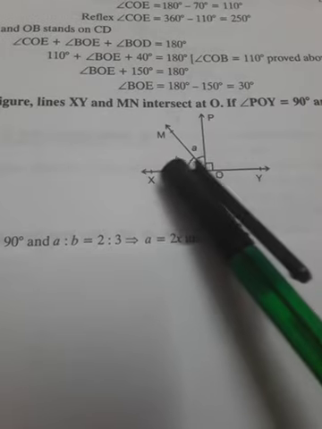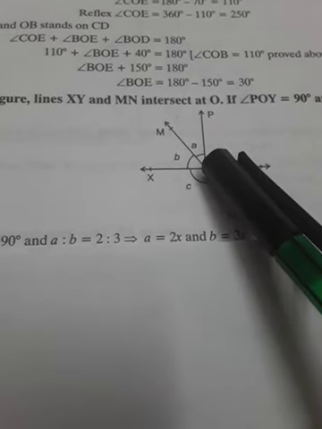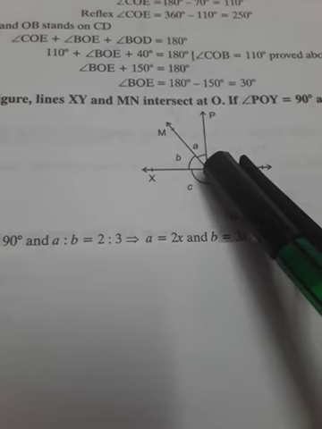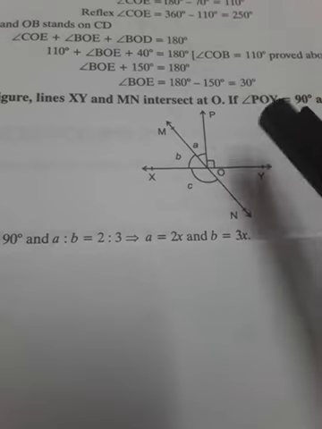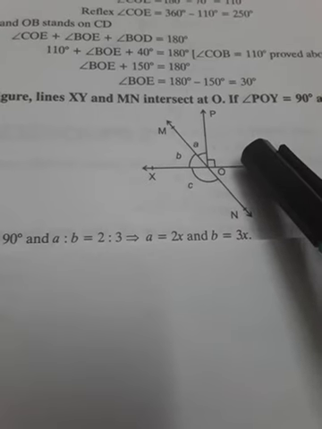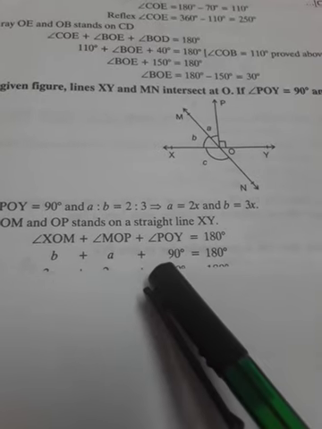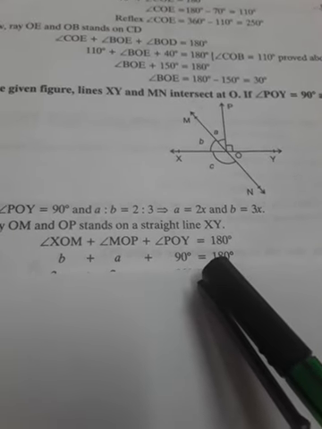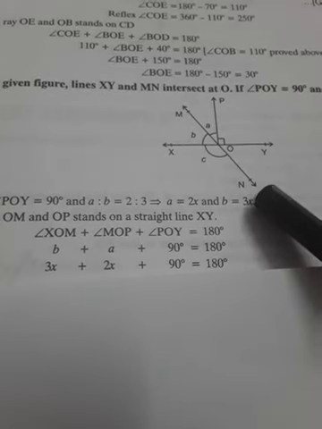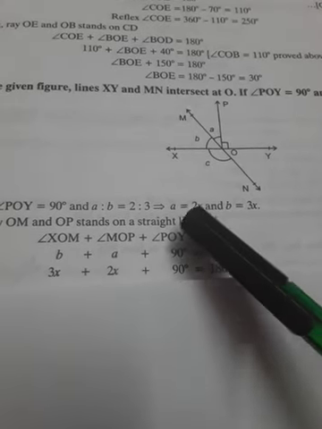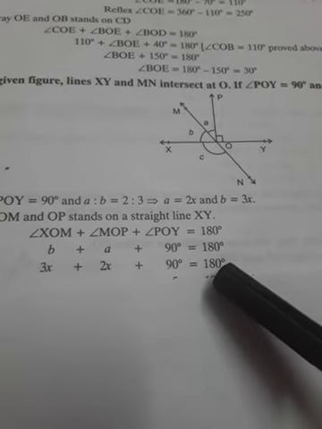Otherwise, angles on a straight line add up to 180 degrees. Any reason you can write, but anyway B plus A plus this 90 degrees equals 180. Then the value of B we can give as 3x, value of A as 2x. Substitute them and write that equal to 180.